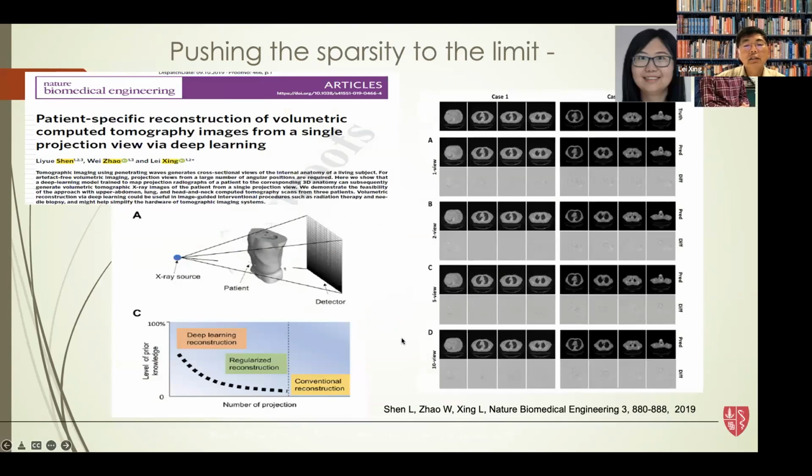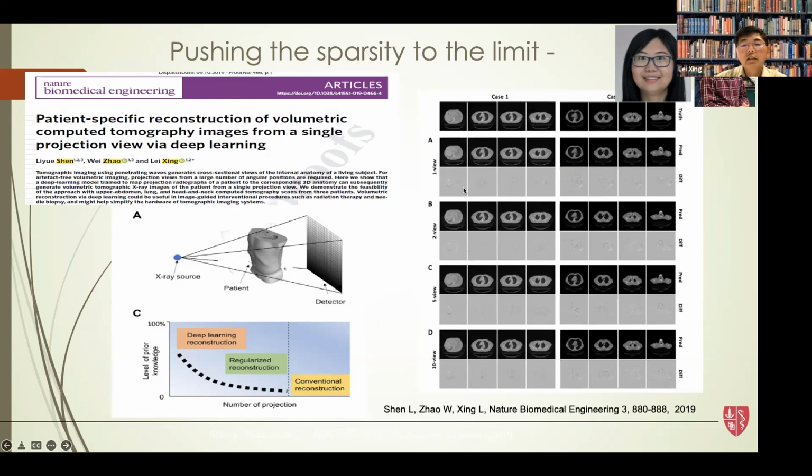So this is a work done by one of my students. What you're seeing here is really, instead of having like 1,000 projections, we can reduce that to one single projection. What does that mean?